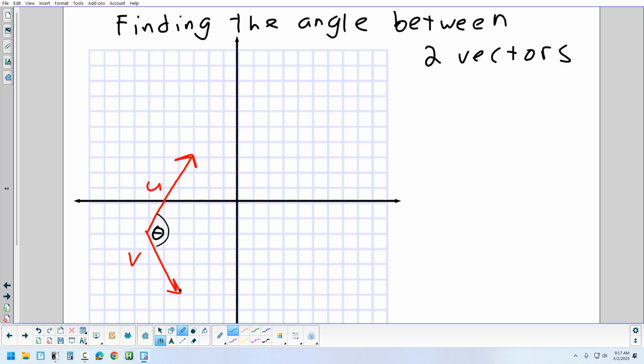It's always less than 180. If you wanted the angle on the outside of the vectors, well, you just get the one on the inside and then subtract it from 360. All right, so I want to find that angle. U and V, those are bold, those are vectors.